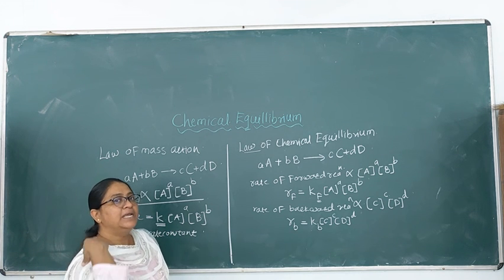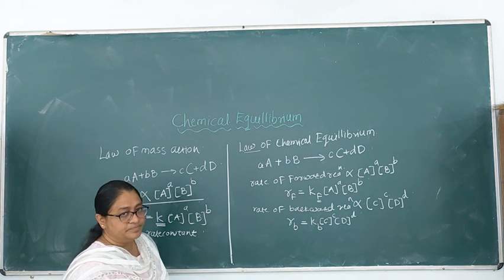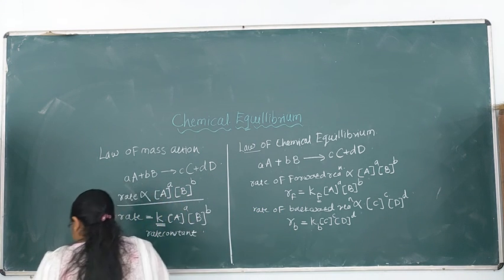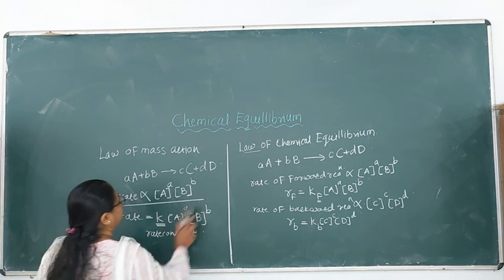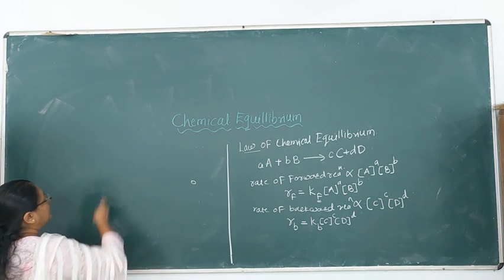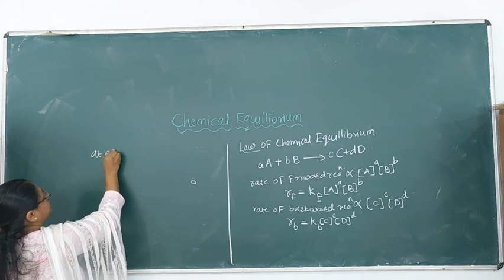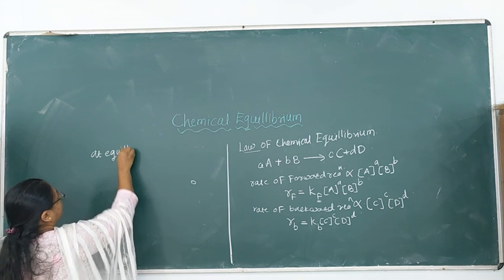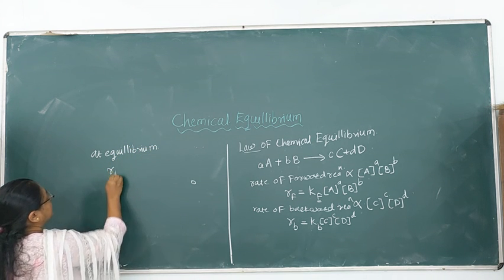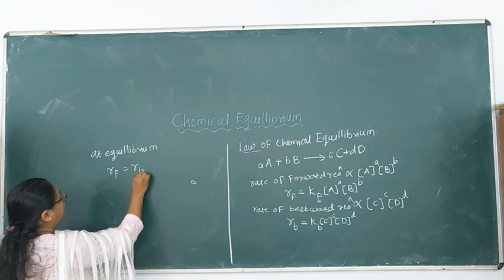Now we have seen that at chemical equilibrium, both of these rates become equal. Hence we can write, at equilibrium, Rf is equal to Rb.